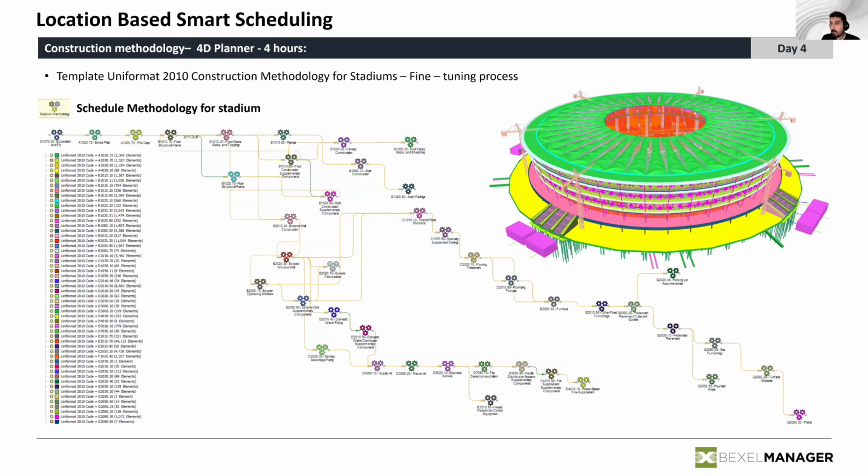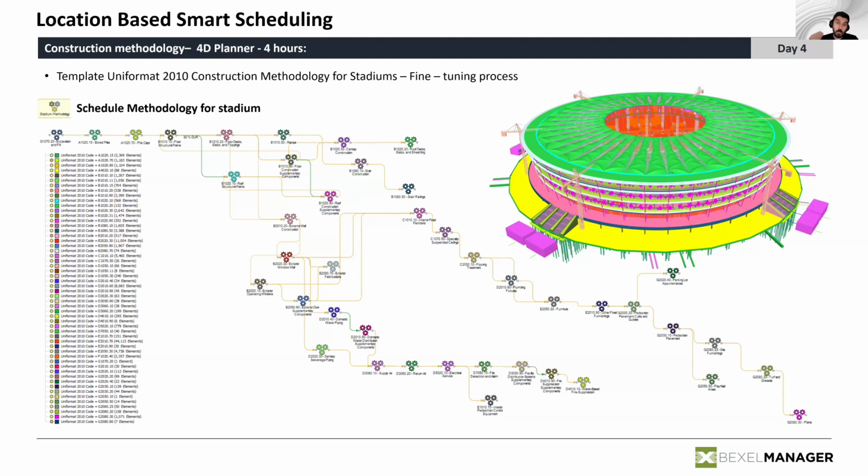We had the sequence of execution more or less prepared for this type of project, with of course a few tweaks, because every project is a bit specific. But in most cases, that's not more than 10 to 15% in the worst case. And then we very quickly came to the basic schedule structure. That means that we knew exactly in which sequence we wanted to execute works, in which sections, subsections, levels, and so on.